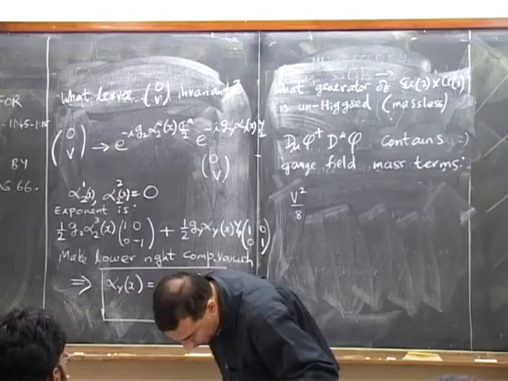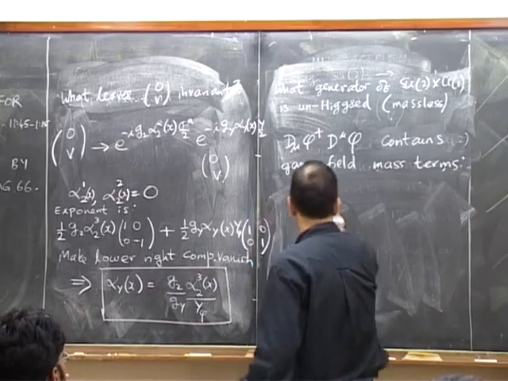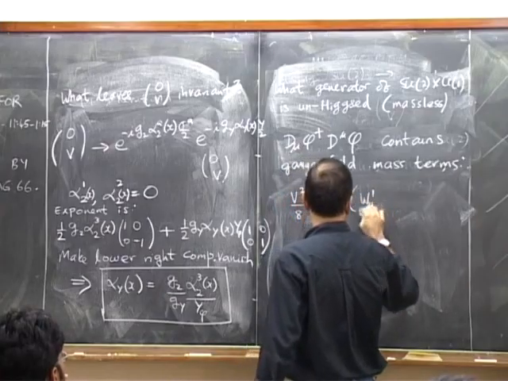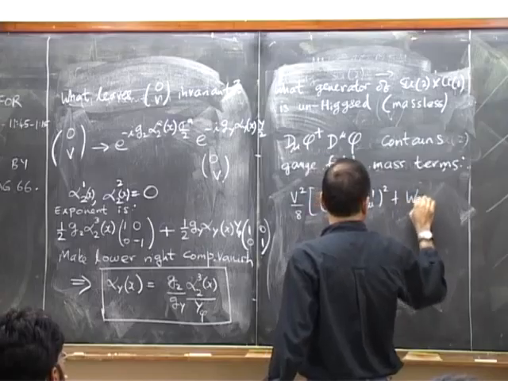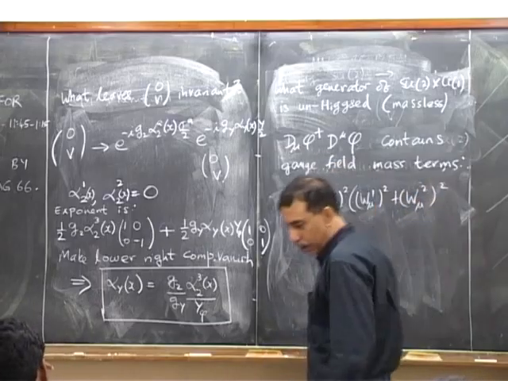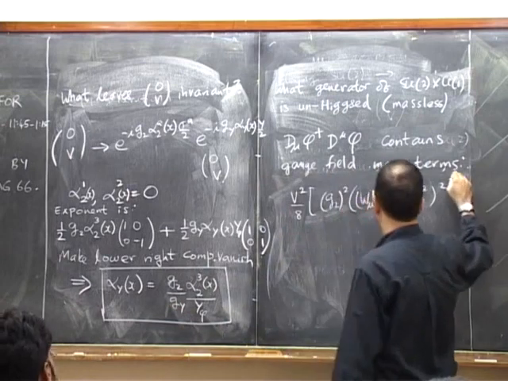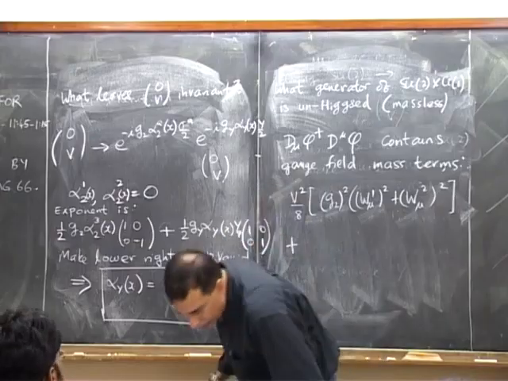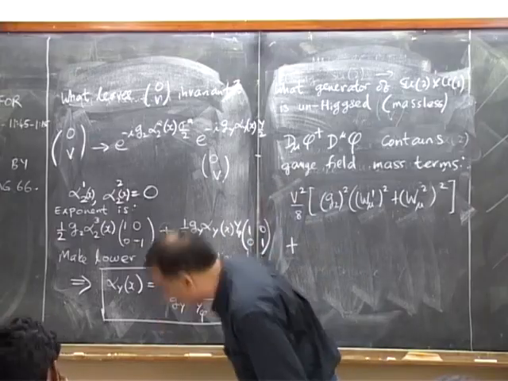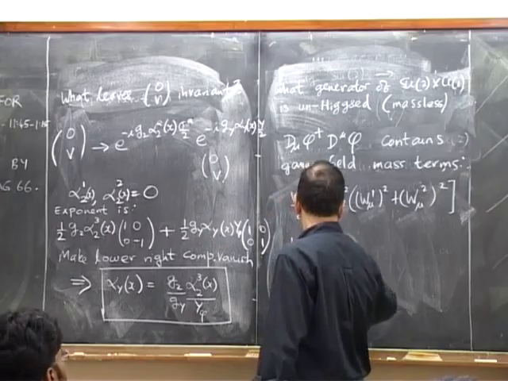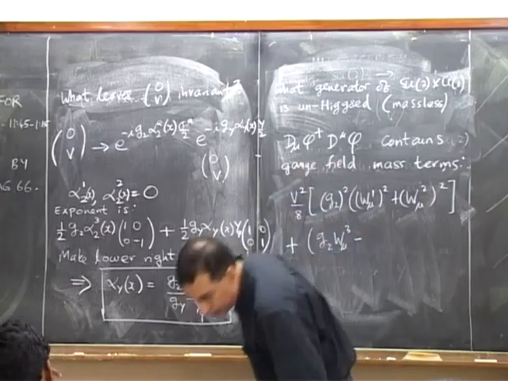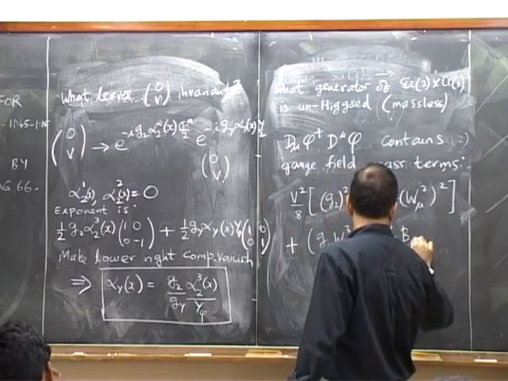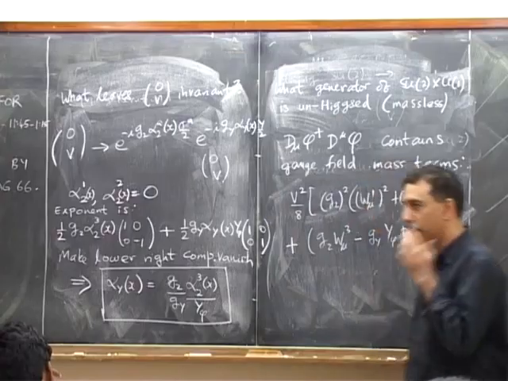So v squared by 8 times g2 squared (W mu 1 squared plus W mu 2 squared) plus (g2 W mu 3 minus gy y phi B mu) squared.